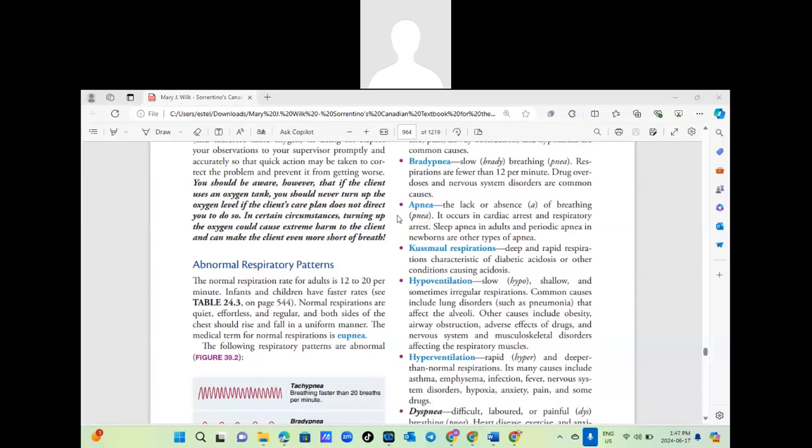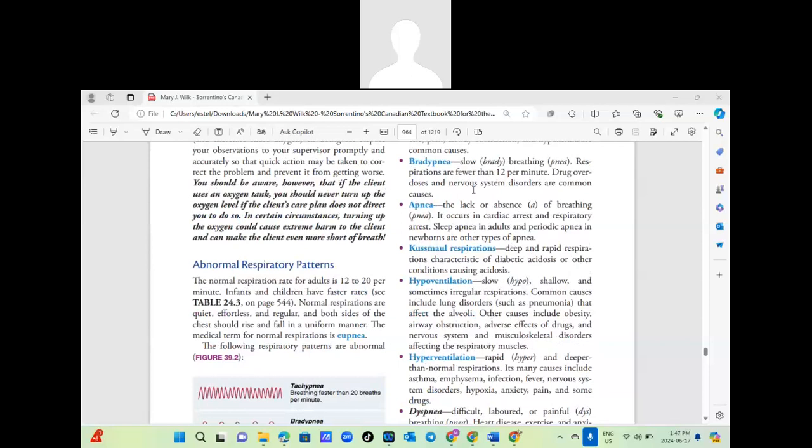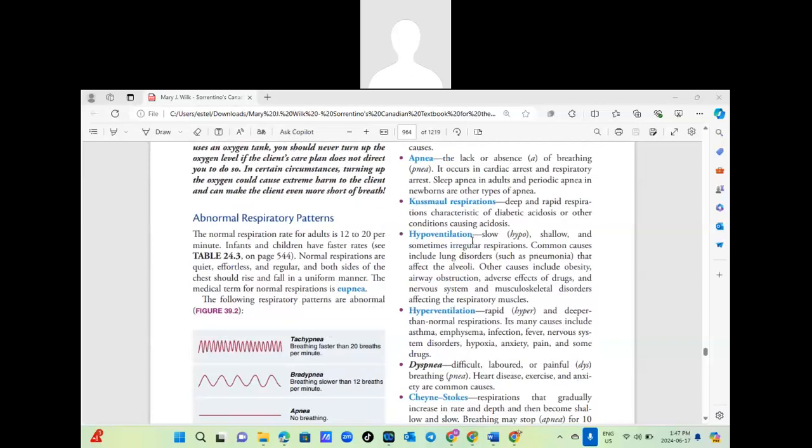Kussmaul respirations are deep and rapid respirations, characteristic of diabetic acidosis or other conditions causing acidosis. That's why they have Kussmaul respirations. Next is hypoventilation. Hypo again is slow, same as brady. Hypoventilation is slow, shallow, and sometimes irregular respiration.